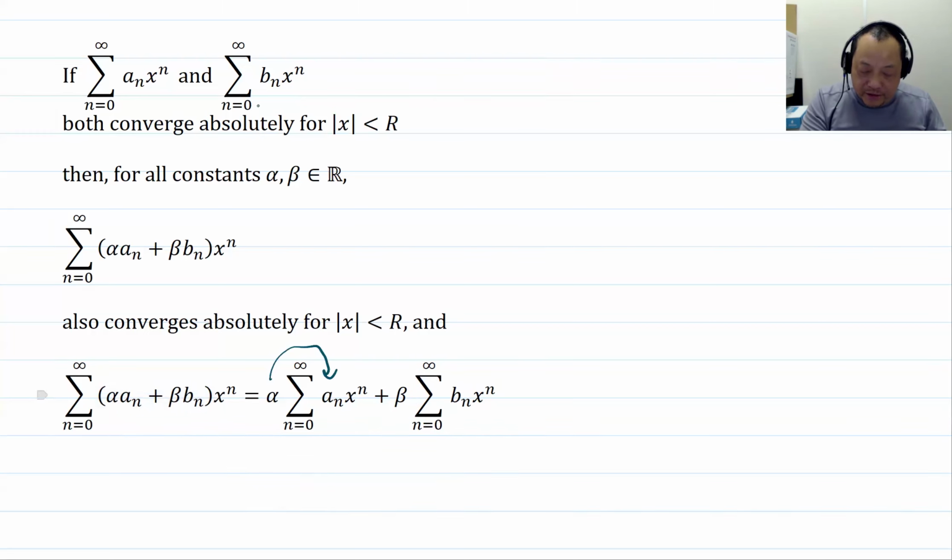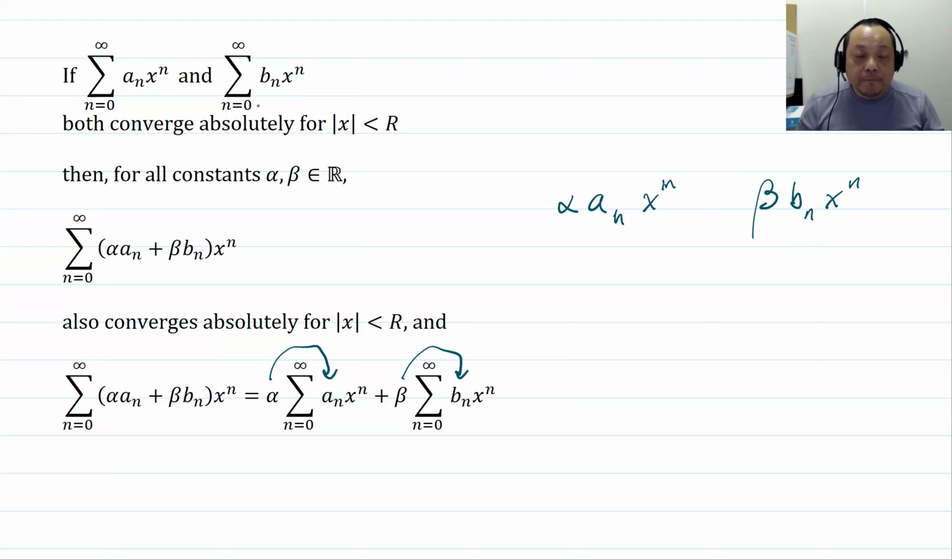If I multiply this in, and then I add them term by term, then I have alpha a sub n x to the power nth. That's after I multiply in the alpha in the first series. In the second series, after I multiply in the beta, I get beta b sub n x to the nth.